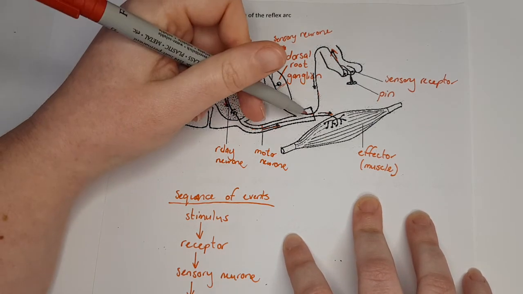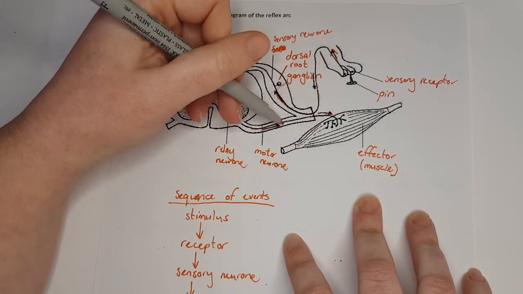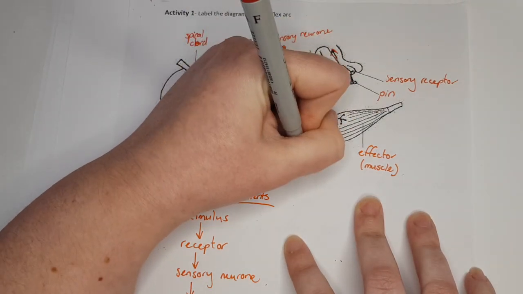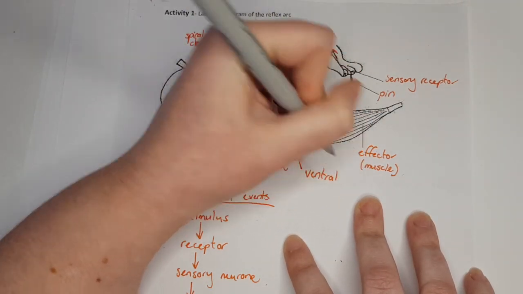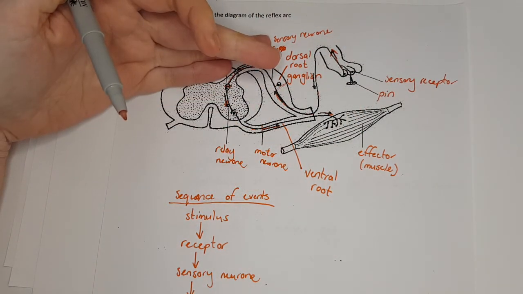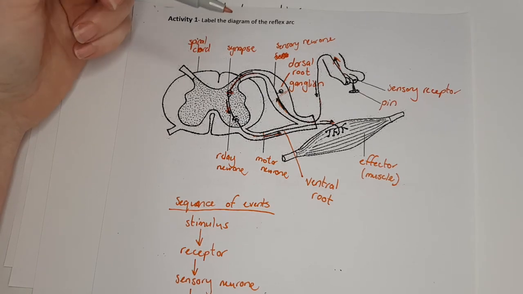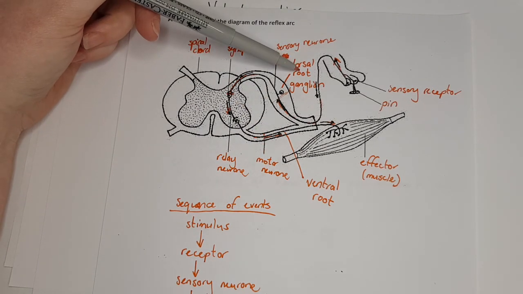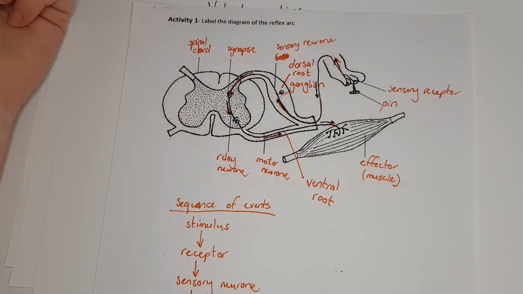Then the side where the motor neuron comes out of the spinal cord, on that side, that is called the ventral root. Okay, because this is the way that those are situated in your body, one facing forward and one facing back, and that's why we call it the dorsal and the ventral roots.